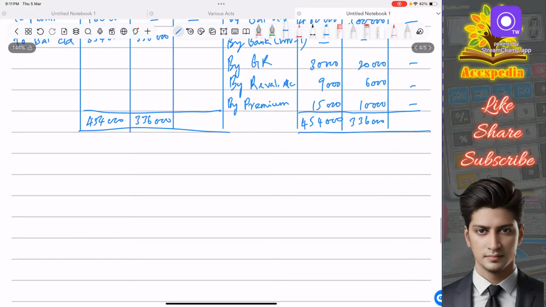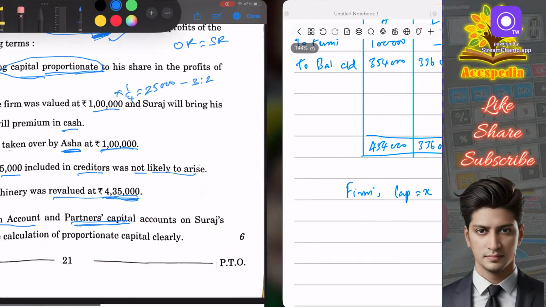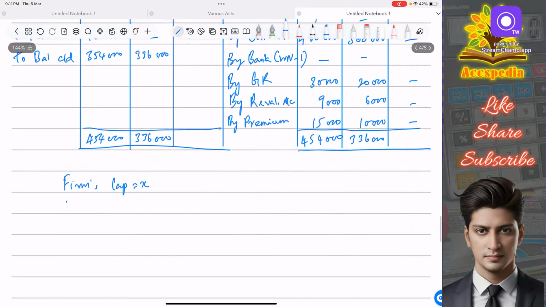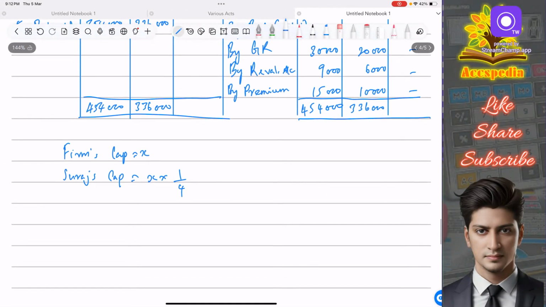Now, how to calculate the proportionate capital: let's assume the firm's capital as X. The new partner Suraj's share is 1/4, so x into 1/4 is what he has to maintain.